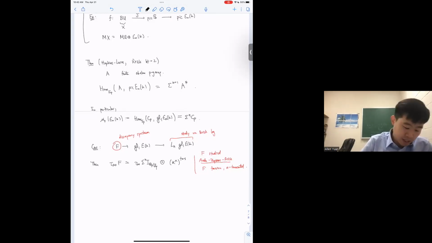And this follows from knowing that various maps into GL1 of E are zero.